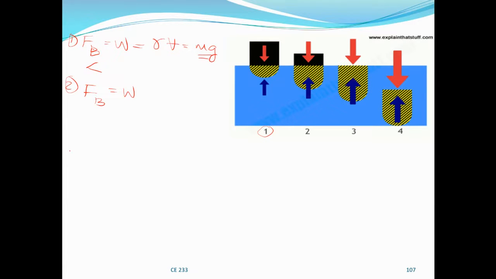Now, let's move to the third case. In the third case, the ship is completely immersed in the water. So in this case, we have the maximum displacement of the liquid. This gives the maximum amount of liquid displaced.